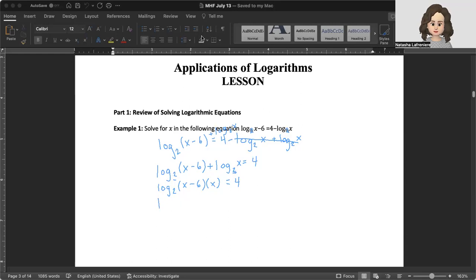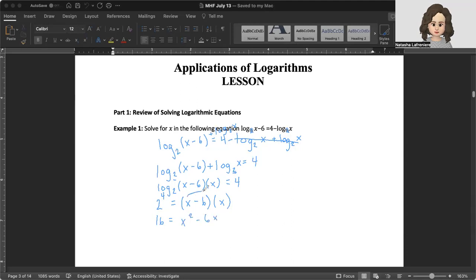Oh, that was my bad. Okay. And so that can be simplified to 2 to the exponent 4 is equal to, so this should be review for you. It's the word problems that we're looking for today. This is 16 equals x squared minus 6x.